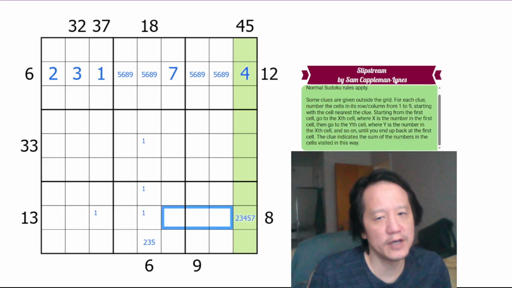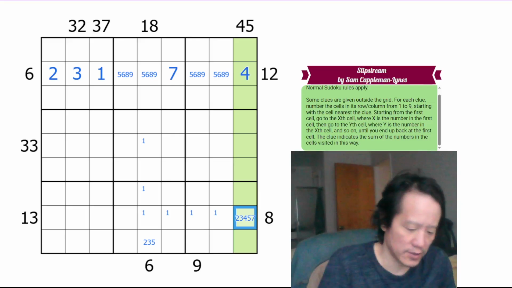So 1 could be any of these digits here for the 8. We don't know. This can't be 1. So it cannot be 7 and 1. Therefore, it must be one of these 4 is a 1. So this can't be 7 here.